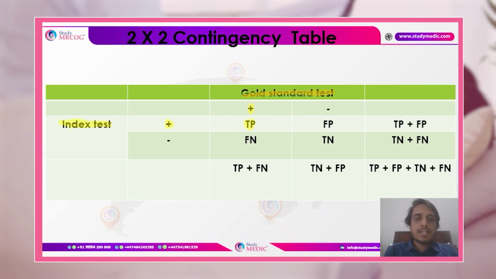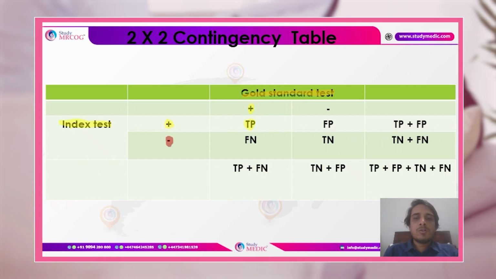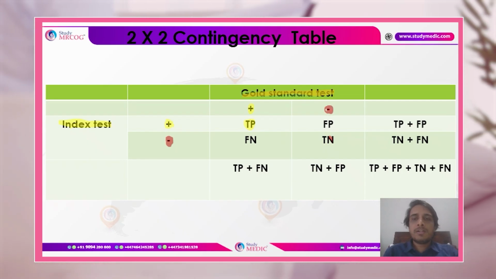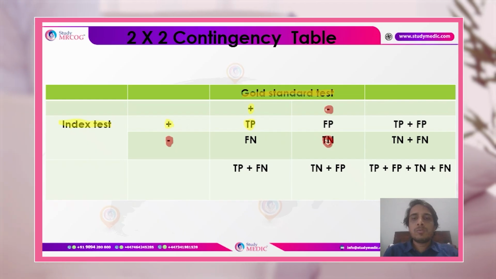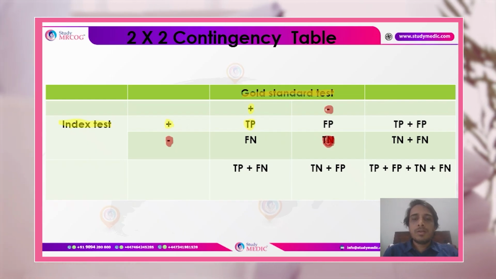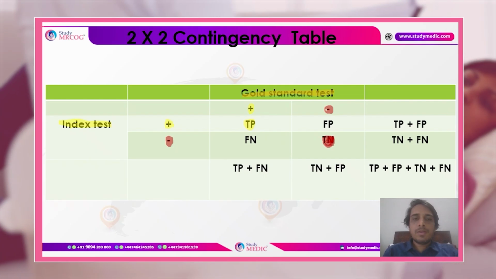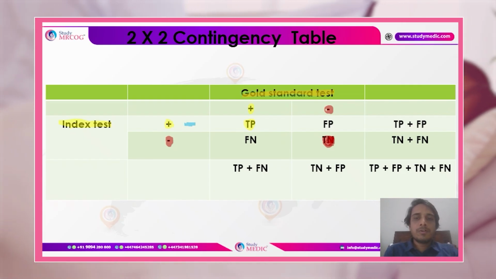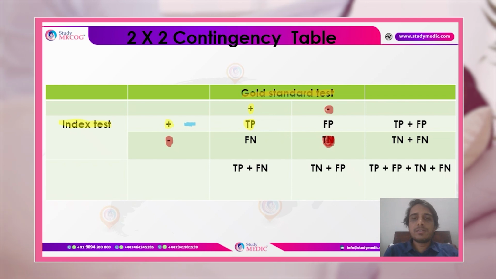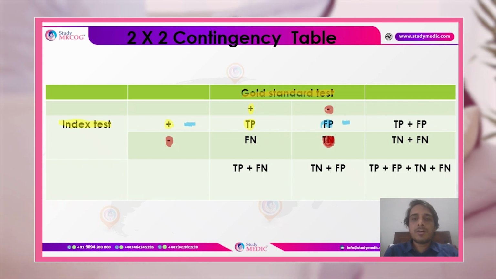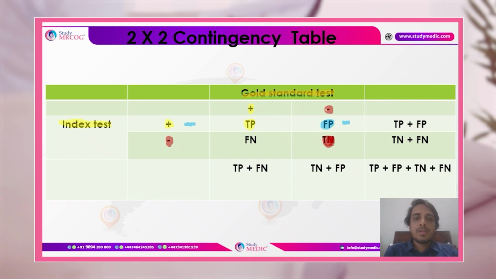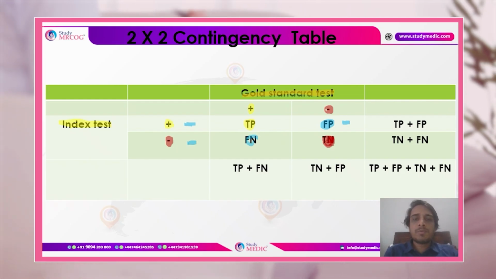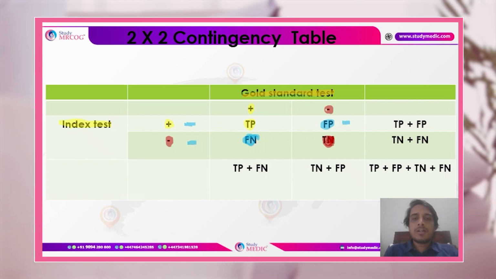If the index test is negative and the gold standard test is also negative, we call it a true negative. Similarly, if the index test is positive and the gold standard test is negative, it is called a false positive. If the index test is negative but the gold standard test is positive, it is called a false negative.